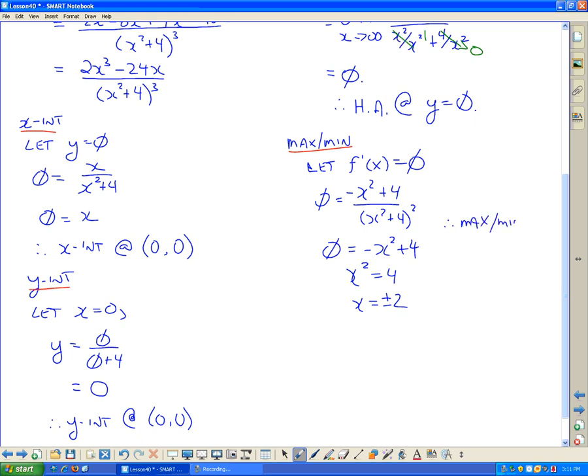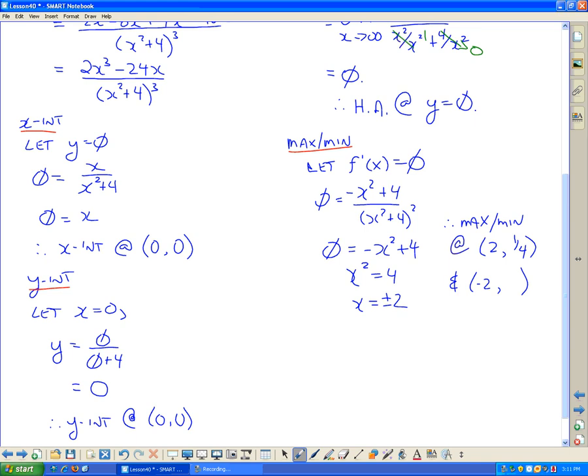So therefore, max min at, take 2 coordinates, 2, negative 2. So we'll plug it into the original equation. If we put a 2 into the original equation, on the bottom we'd end up with 8. So 2 over 8, that's a quarter. And if we put a negative 2 in, negative 2 squared gives us still 4.